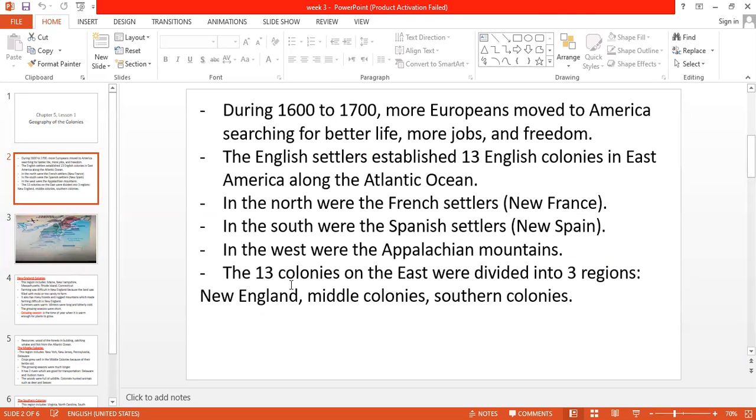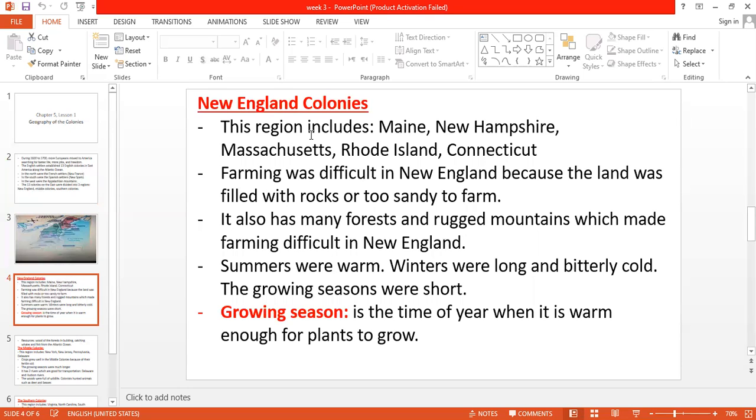East of America is settled by England, and the English people divided the 13 colonies of the east into three groups, or three regions: New England region, middle colonies, and southern colonies. Let's start with the New England colonies. This region includes five states.